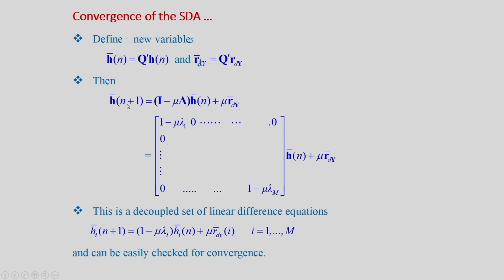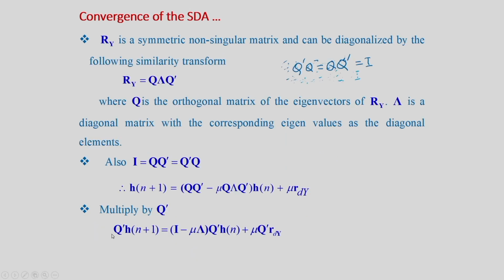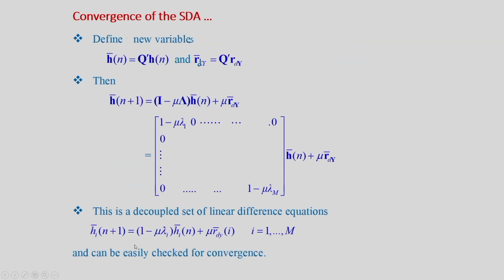From this equation, this is H bar of n plus 1 and this is equal to H bar of n, and this is equal to R dy bar. So, that way we will have H bar of n plus 1 is equal to I minus mu lambda into H bar of n plus mu times R dy bar.